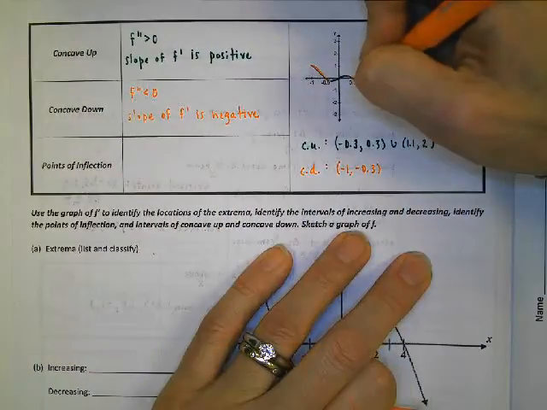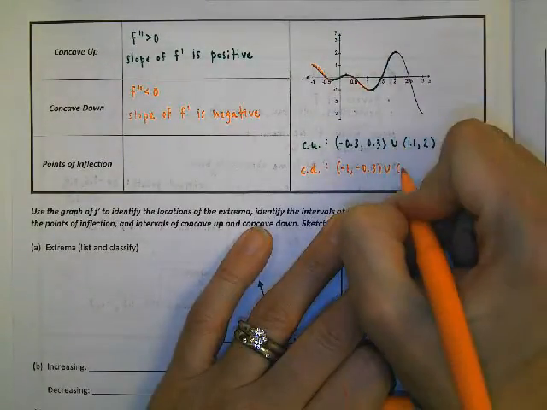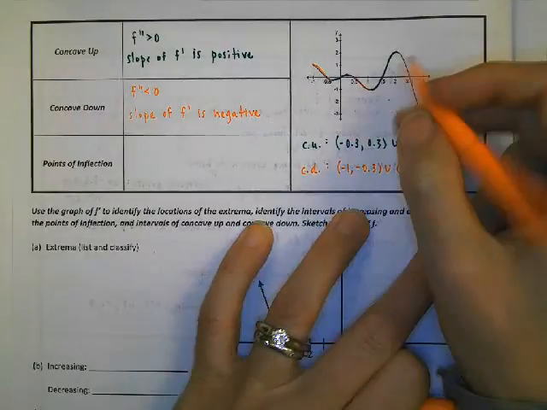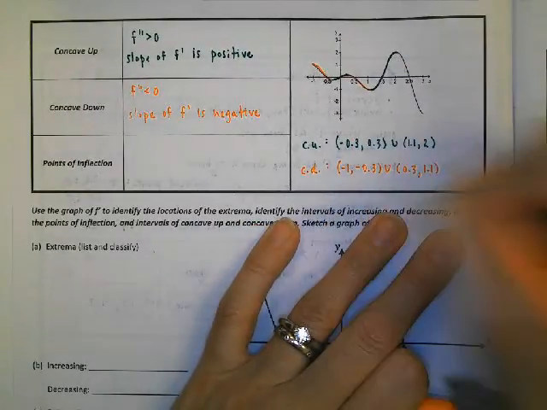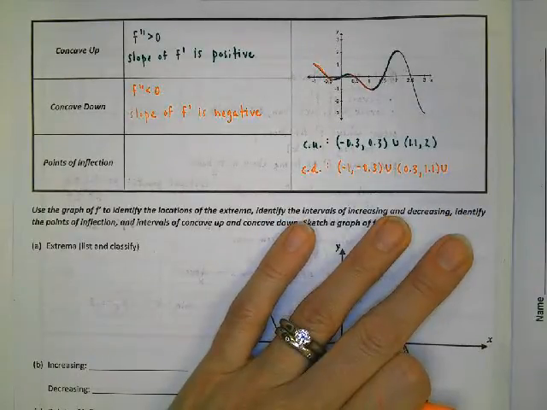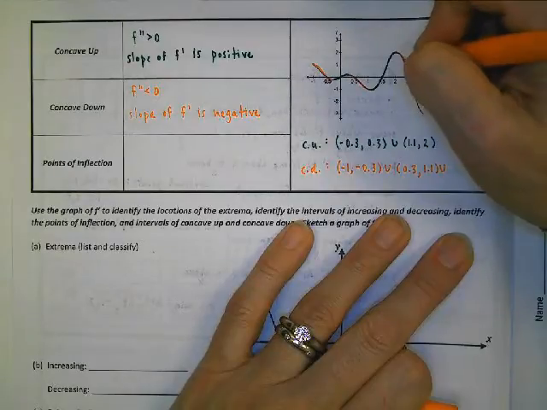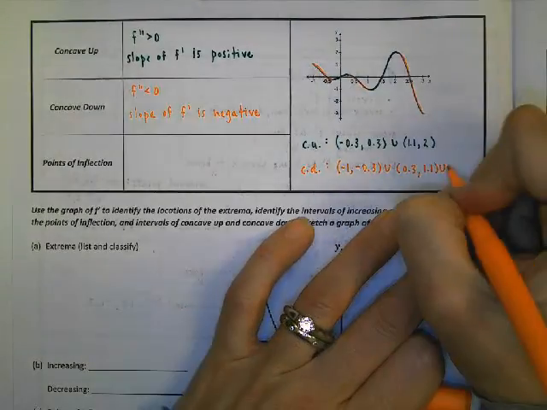I'm concave down, have that negative slope again right here. So from 0.3 to about 1.1. And again, the exact values aren't important as long as you have the right general range. And then again, my slope is going to be negative now from 2 to 3.